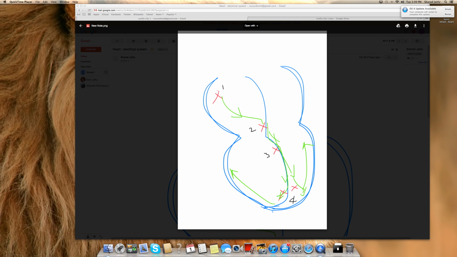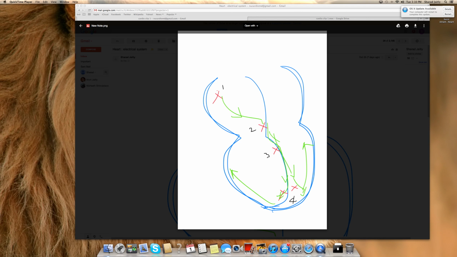Next, there's a little delay here, and then it comes to a bundle of branches that are sort of wired together, and they're all traveling along this wall, or along the septum, as we call it, the divider between these two rooms.